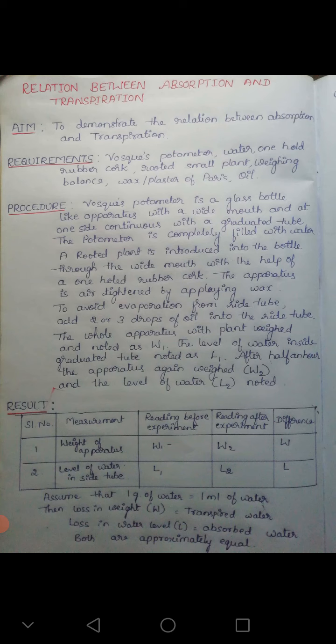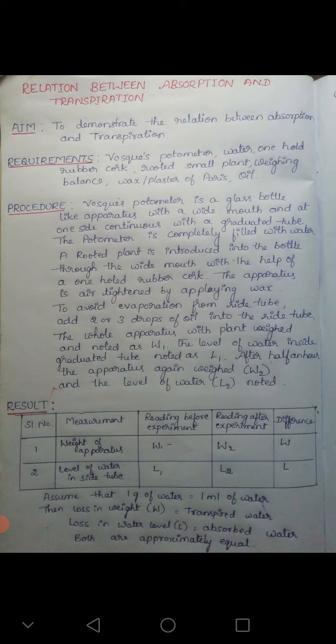Next, the level of water inside the tube: the reading before the experiment is L1 and the reading after the experiment is L2, and the difference is L, that is L1 minus L2.